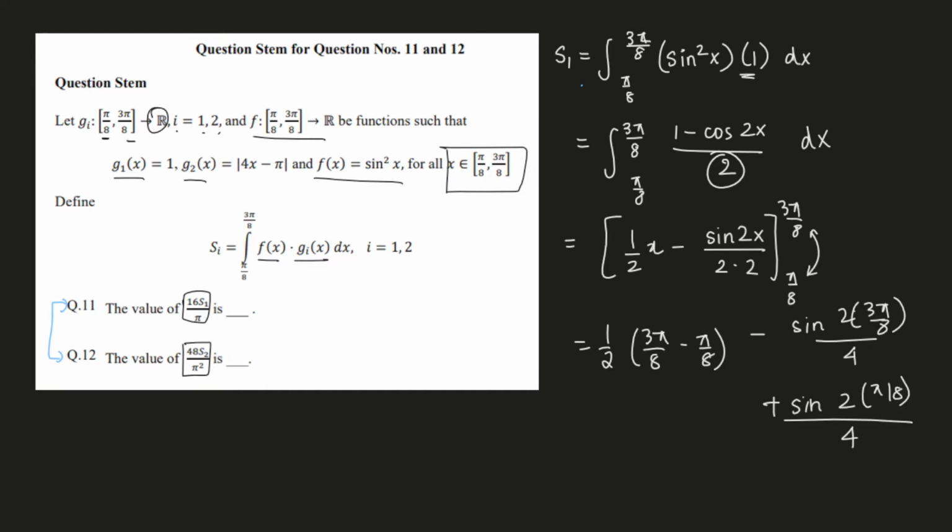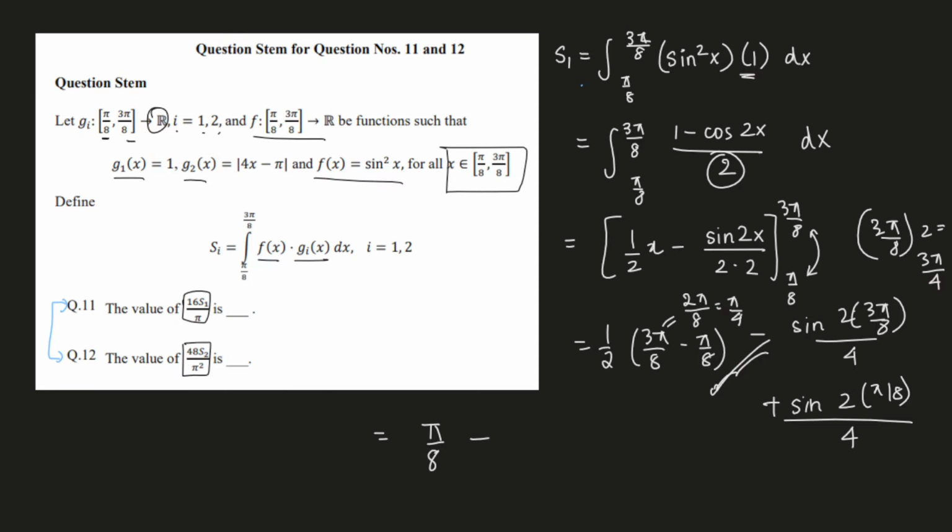Let me just write that again, that will be a better strategy. 3 pi over 8 minus pi over 8 is equal to 2 pi over 8, or pi over 4. So half of that is pi over 8 again. Lots of pi over 8s now. Minus sine of 2 times 3 pi over 8, well, this is equal to 3 pi over 4.